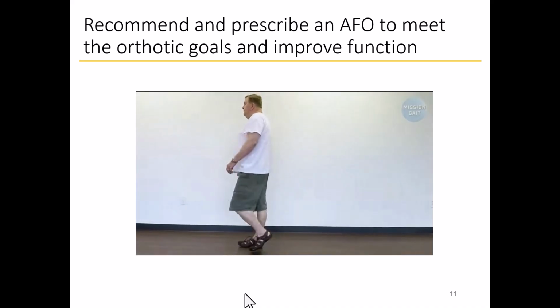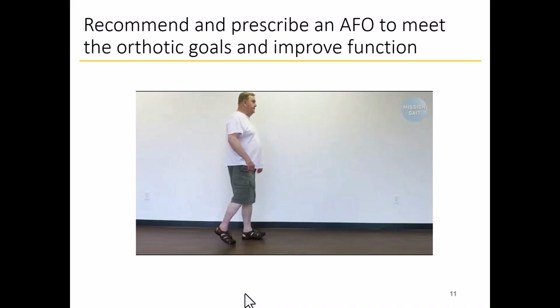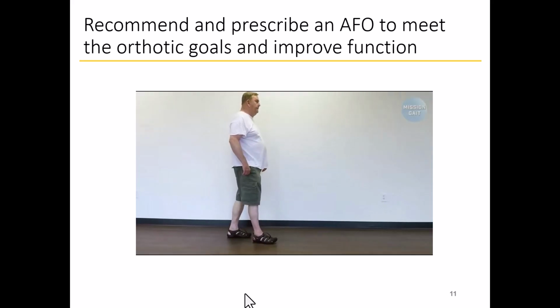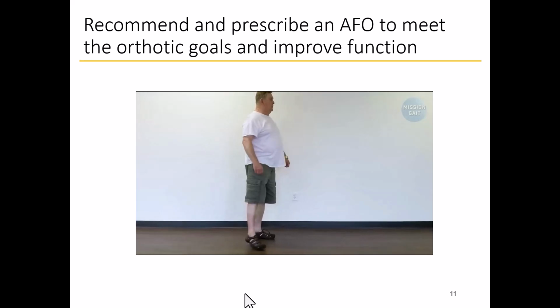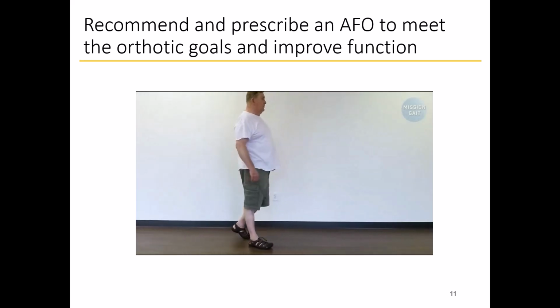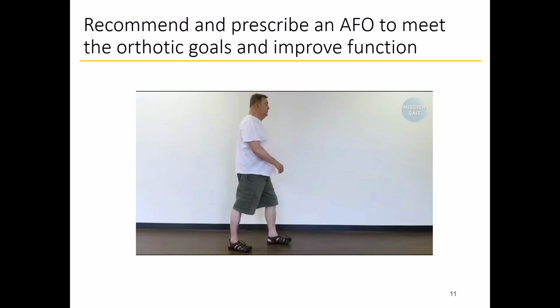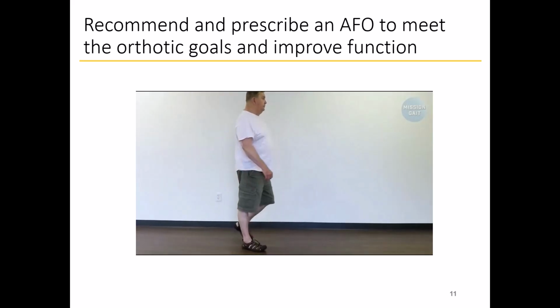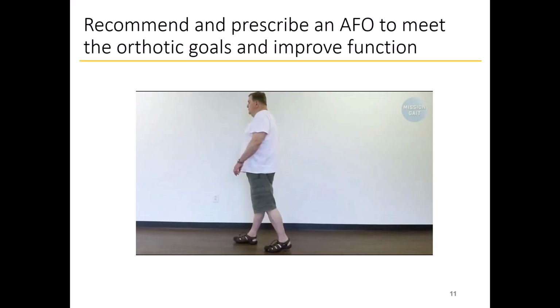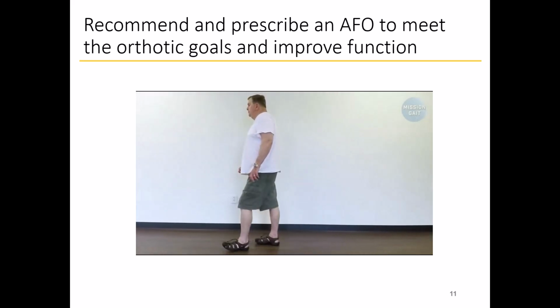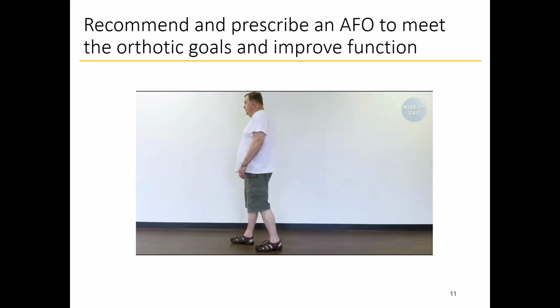In swing phase, he's got decreased clearance and a circumduction gait pattern. And then in stance phase, he doesn't have heel strike at initial contact. His foot lands flat, so he doesn't have that rocker to produce an efficient gait pattern.